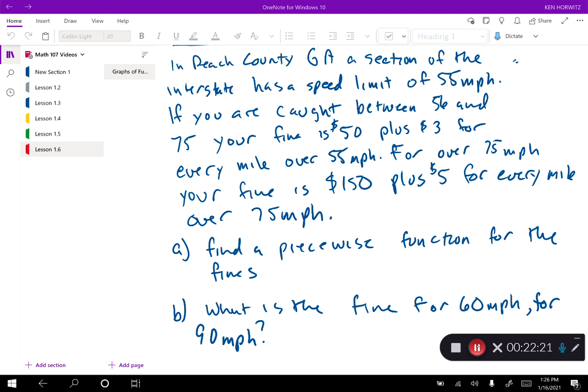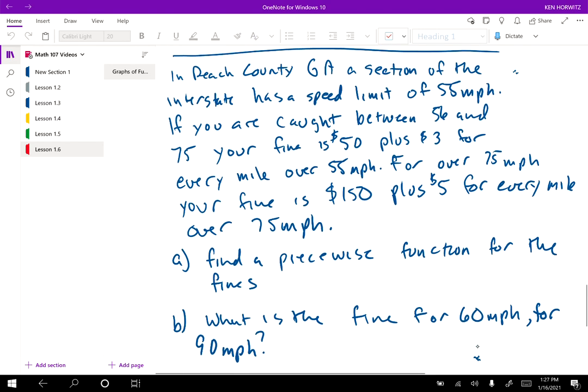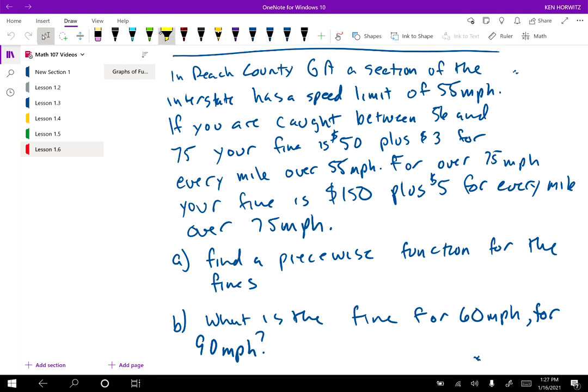All right. So let's start with the piecewise function. Usually what I like to do is highlight some relevant stuff. So I'm going to use my highlighter. Speed limit is 55. I like that. If you're caught going between 56 and 75, $50 fine, $3 for every mile over 55.